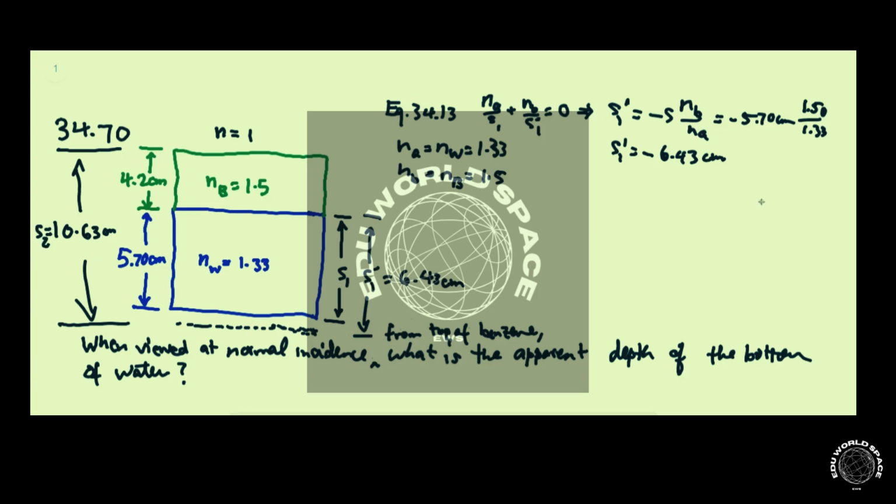Okay. And now we use the very same equation to find the image, or S2 prime, which will be the apparent depth of the bottom of the water when viewed from the top of the benzene layer, which is at the benzene-air interface. So now I have Na over S2 plus Nb over S2 prime, and that's equal to 0.